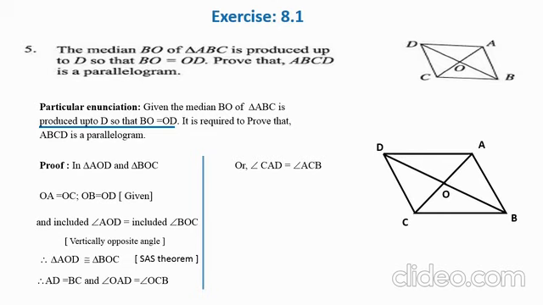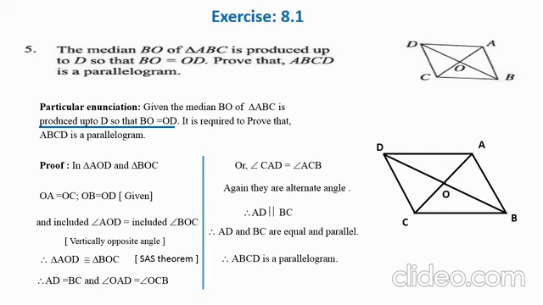They are alternate angles. That is, we may say AD is parallel to BC. As AD is parallel to BC and AD and BC are equal, we may say ABCD is a parallelogram. Proved.